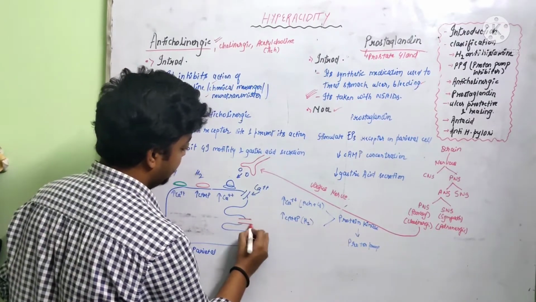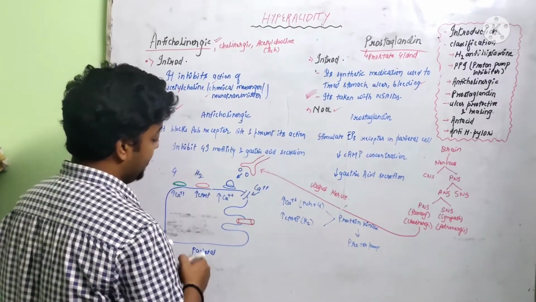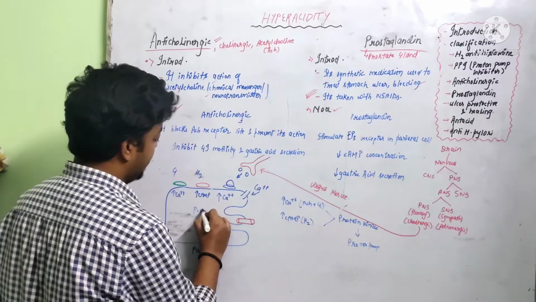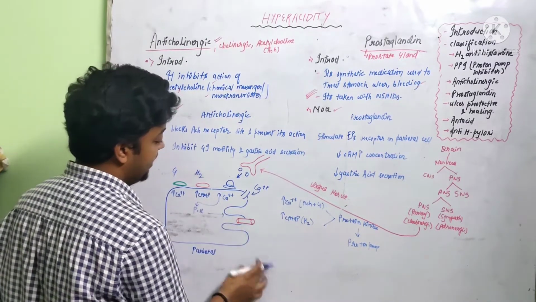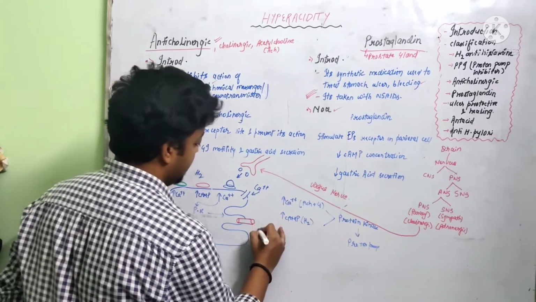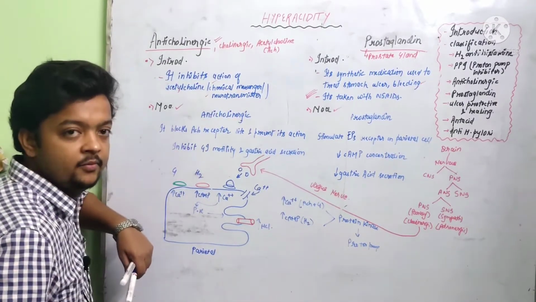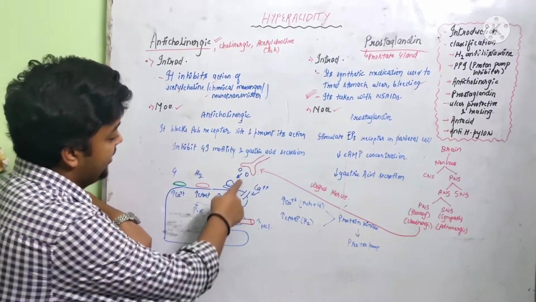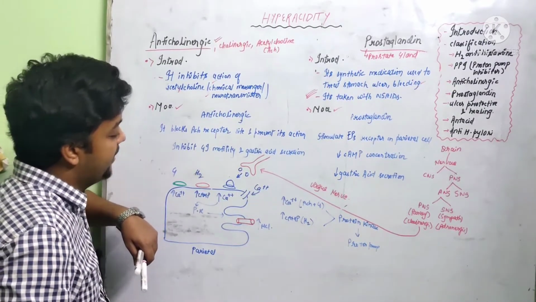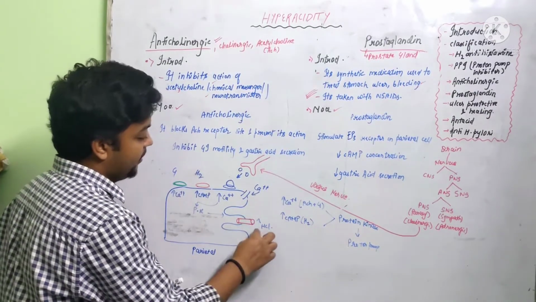As the level of calcium increases, it will activate the protein kinase enzyme, here we have a protein kinase, and that will cause the activation of the proton pumps, and the HCl inflow will occur, and the increase of HCl will be observed in the stomach lumen, right guys? Very clear? So let us say that this release of acetylcholine from these neurons is not in a sufficient amount, okay. Then definitely there will be no calcium influx, there will be no activation of the protein kinase, and the amount of HCl will be decreased.